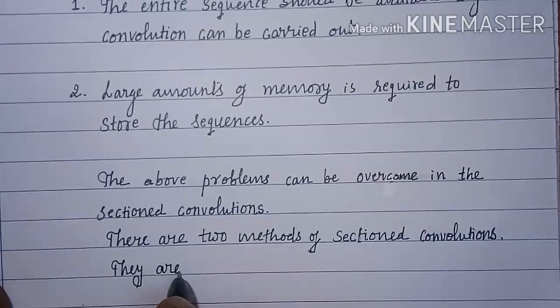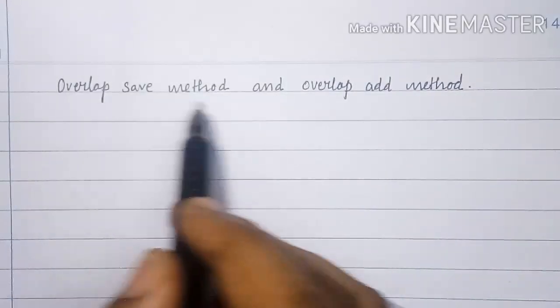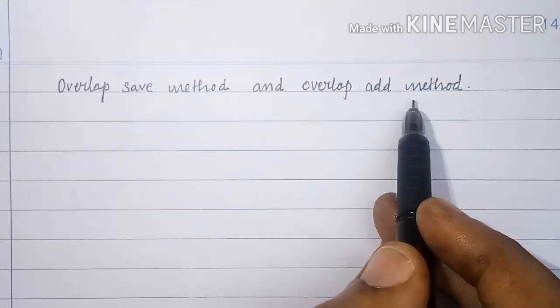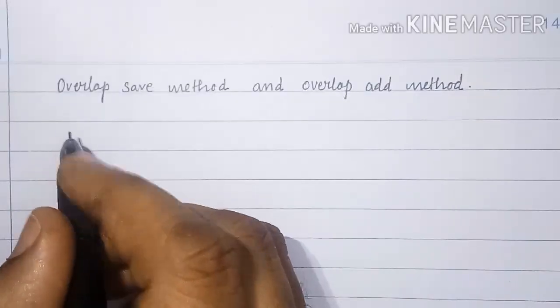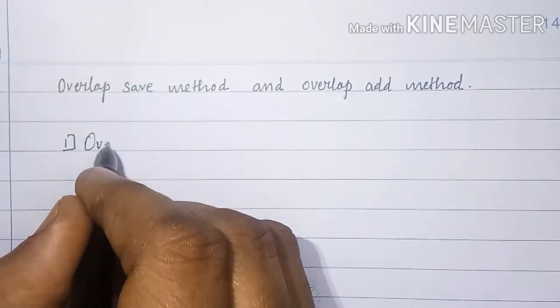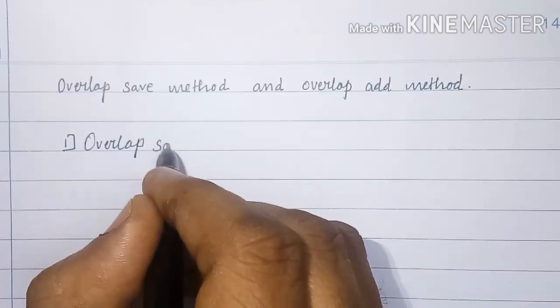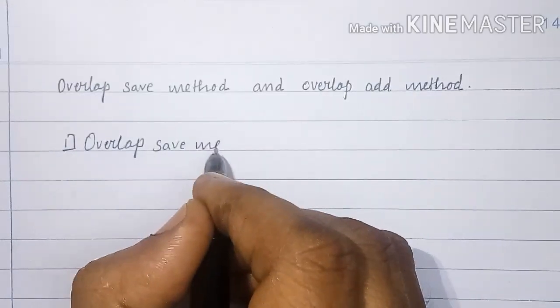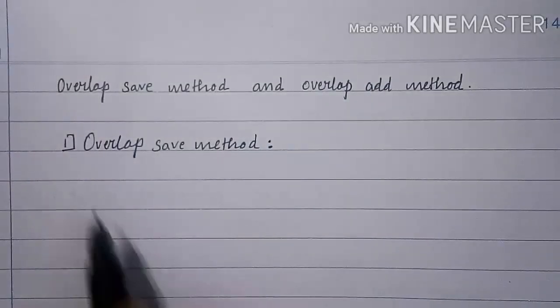They are overlap save method and overlap add method. Now we will see these methods one by one. First we will take the overlap save method.